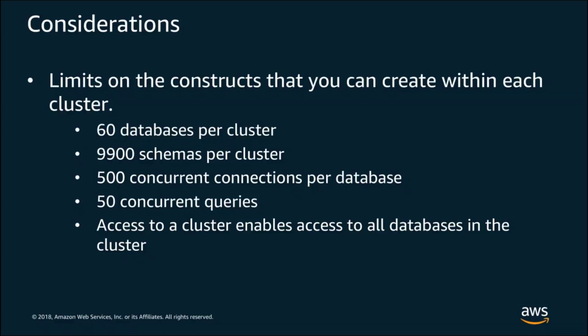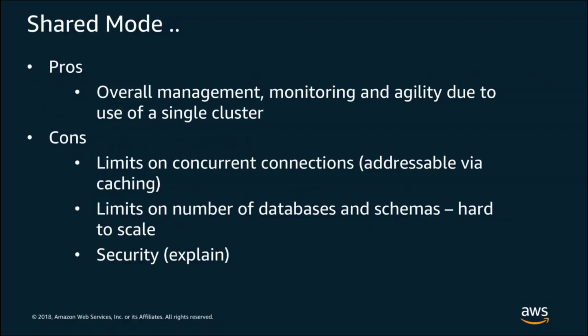For example, there can only be 60 databases per cluster, or 9,900 schemas per cluster, 500 concurrent connections per database, 50 concurrent queries, and the fact that access to a cluster enables access to all databases in the cluster. So these are important considerations to think about as you think about onboarding multiple tenants on the same Redshift cluster.